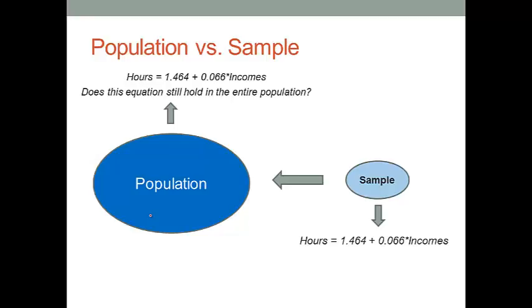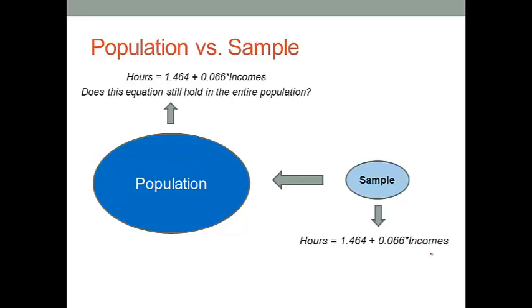But because it's very costly, it's impossible for us to survey the entire population. What we did is to draw a sample, a smaller group from the population. Based on the 100 sample, we build the relationship between hours and the incomes.